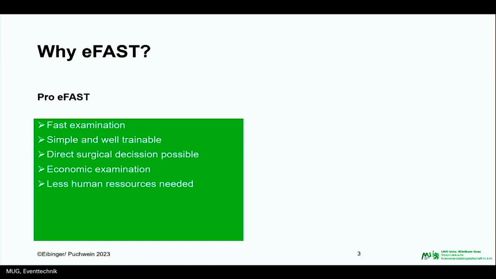You only need less human resources because only one person is needed to do the examination. And it's repeatable. So if you aren't sure with the examination first, you can do it a few minutes later again, and it's no harm for the patient. And you have no radiation.